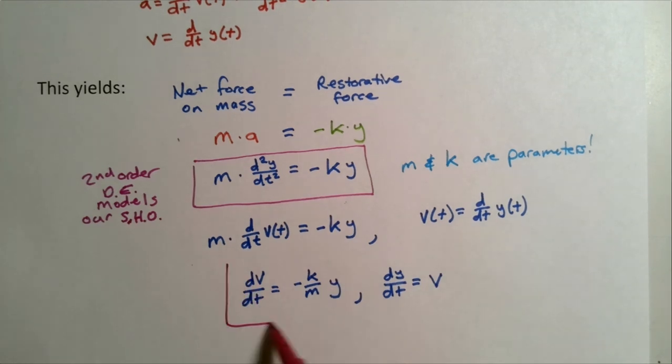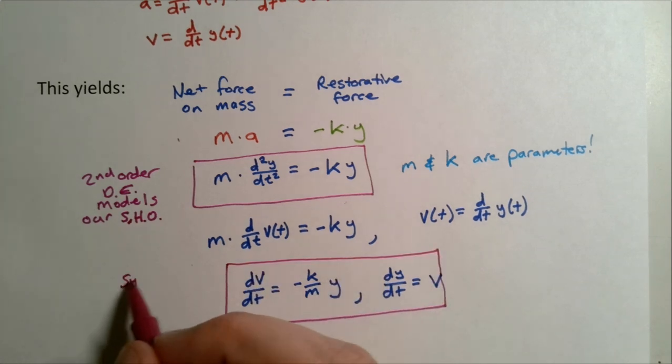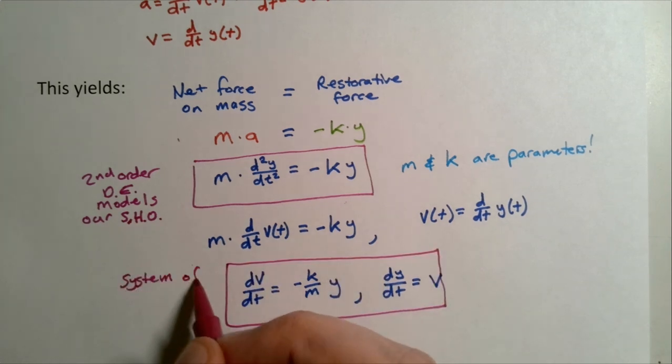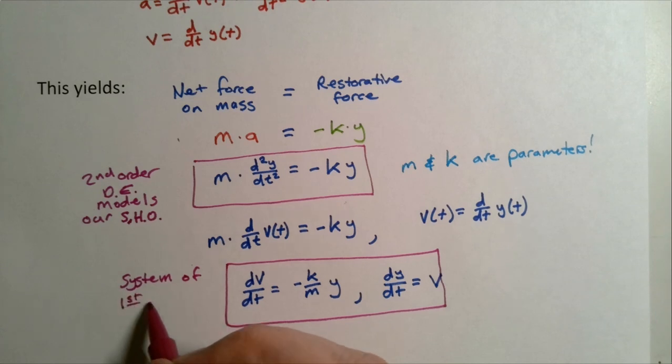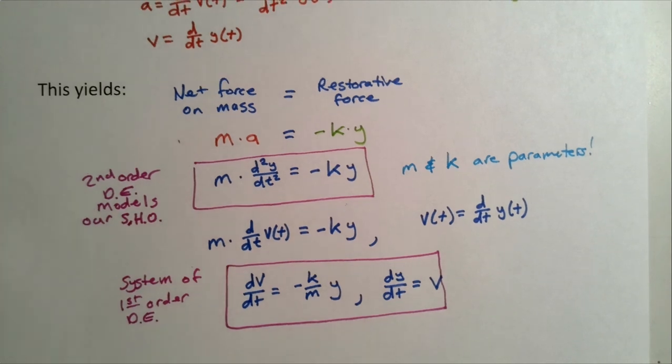These two equations taken together are a system of first order differential equations. And this system also models our simple harmonic oscillator.